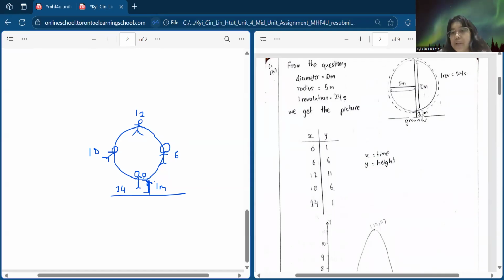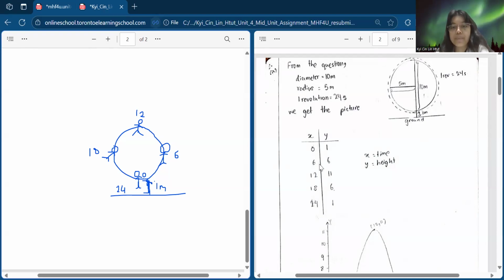But because it mentioned that the Ferris wheel is 1 meter above the ground, that 1 meter is also fixed. So we have to add 1 meter to all of the values that we get. So when it's at 0, it's not moving, so it only has this initial height, which is 1 meter.